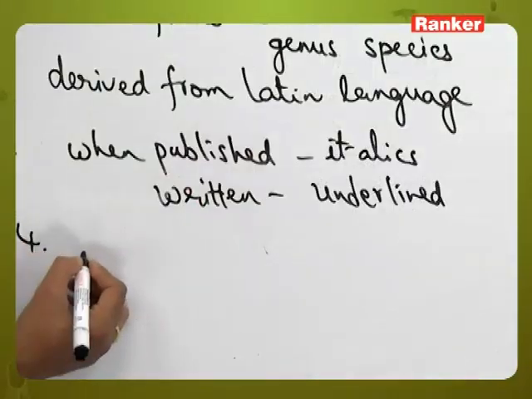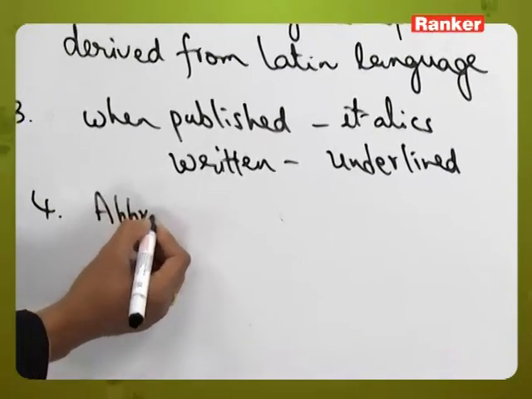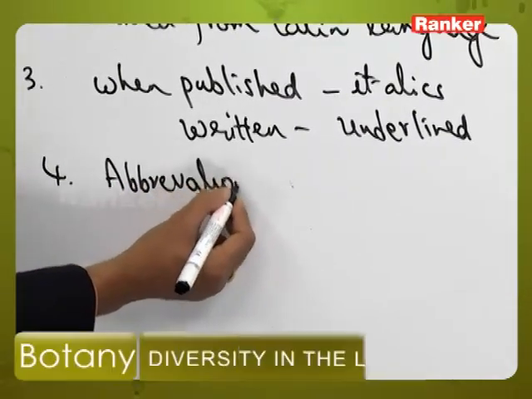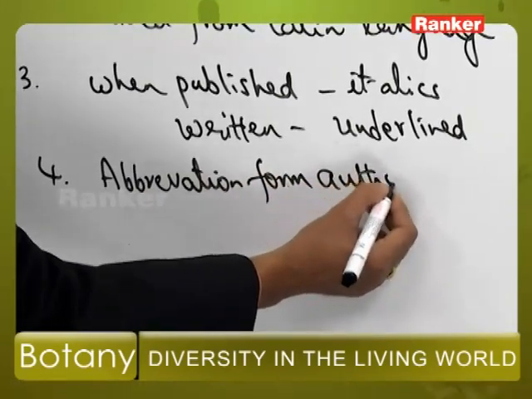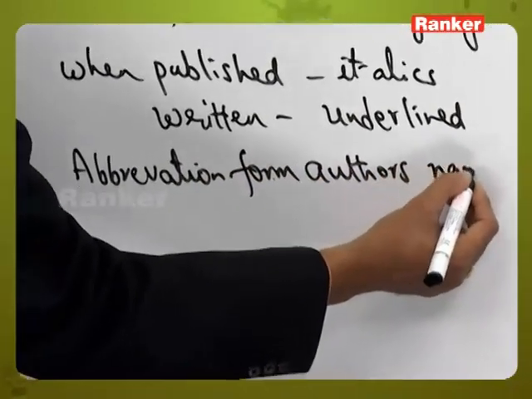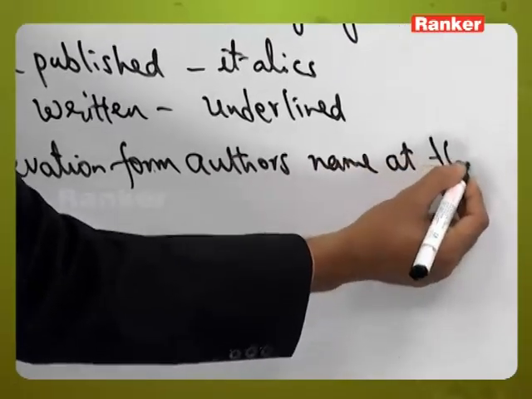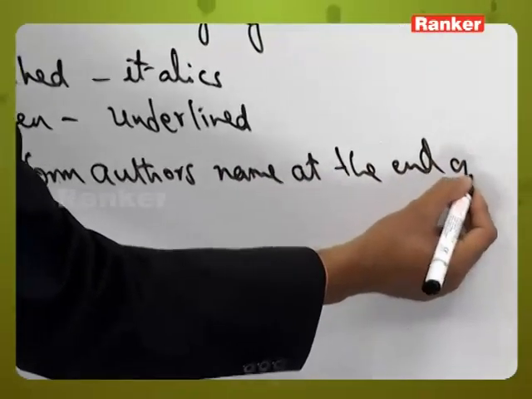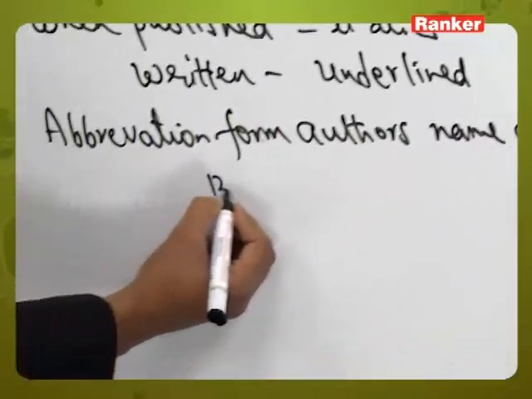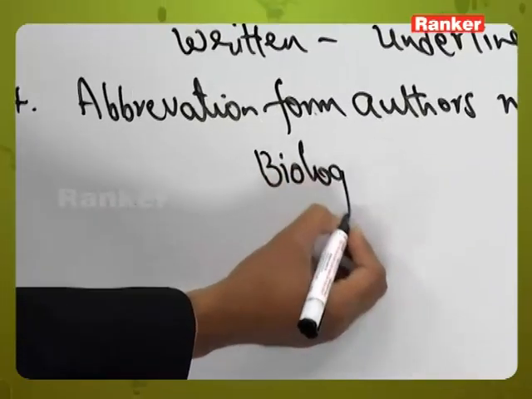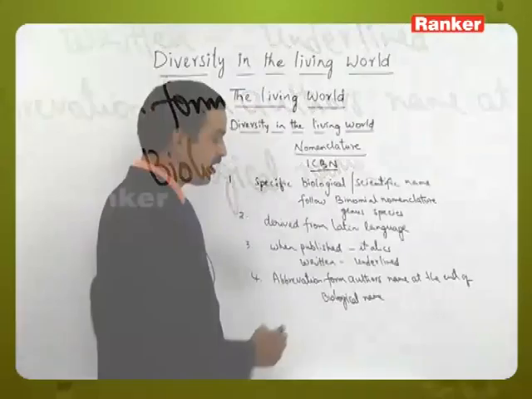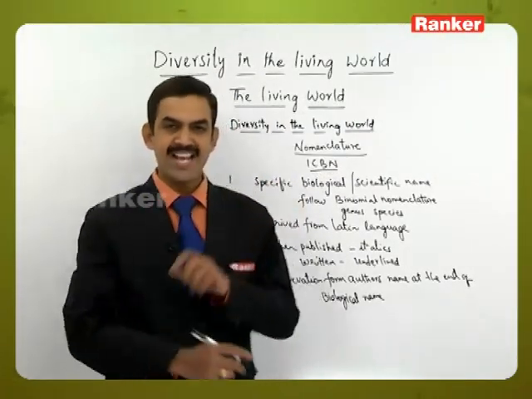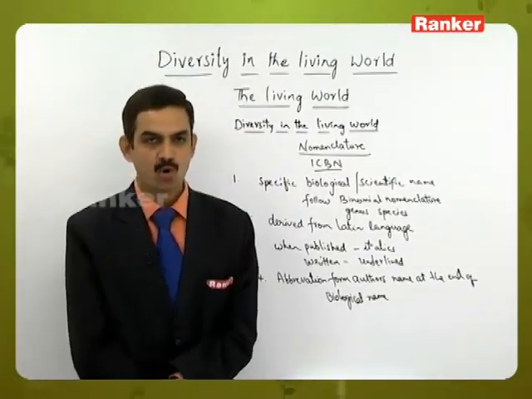And the fourth one, the abbreviated form of the author's name at the end of the scientific name, the biological name or species name. So here, who is the author? The person who gave that name to that plant is called the author.